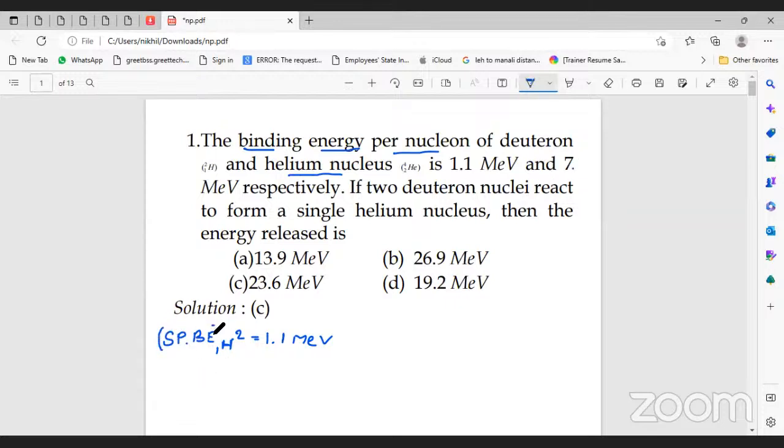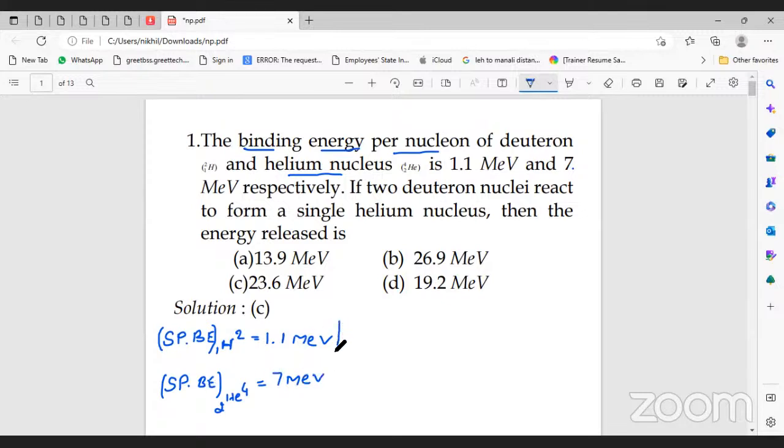So this is the specific binding energy for deuterium. Similarly, the specific binding energy for the alpha particle, that is helium nucleus, 2He4, is equal to 7 mega electron volt.